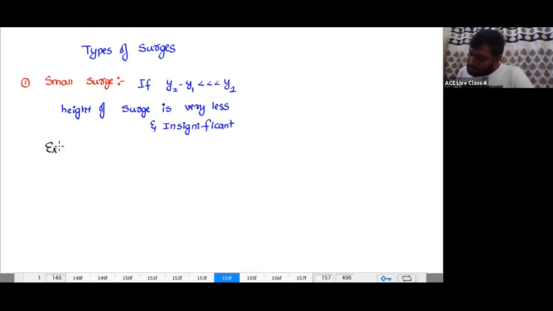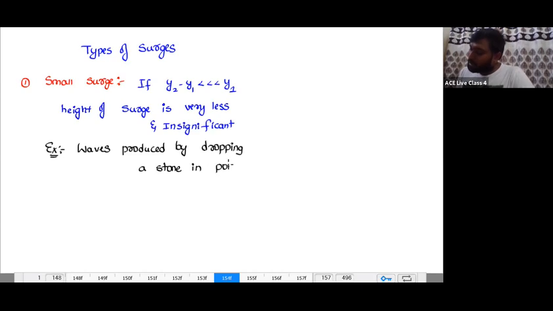The example is waves produced by dropping a stone in a pond or stream of water.